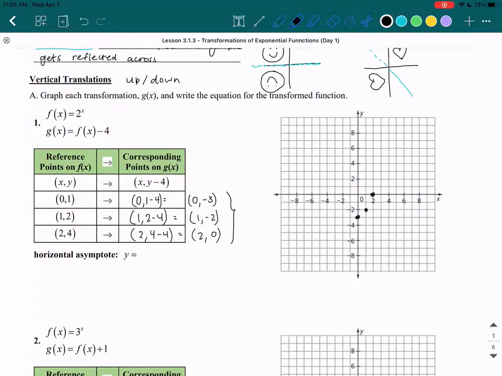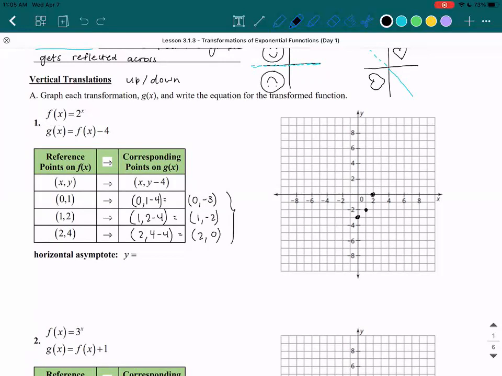So I know it's a little bit hard to see, but let me first draw you our original function f of x. Our original function f of x would have looked like that. So remember, exponential functions look like that, right? We just did a lot of lessons on what exponential functions look like. So hopefully you remember that that's what they look like.